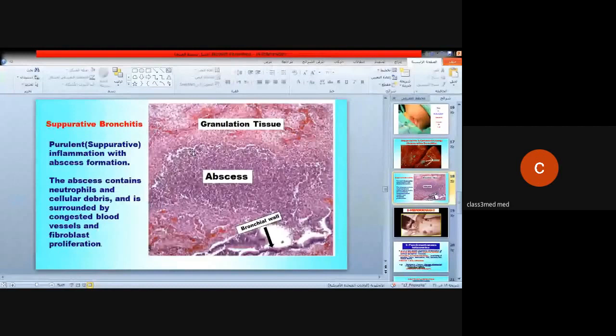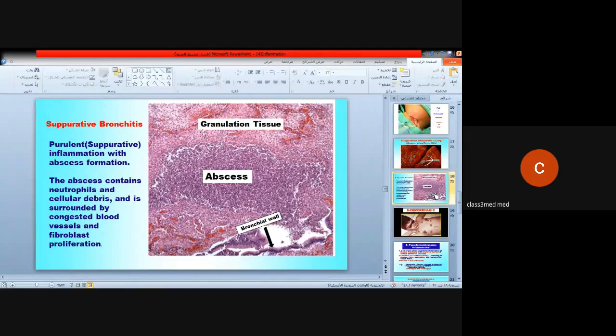And the wall of the abscess is surrounded by inflamed granulation tissue, which is called the pyogenic membrane, consisting of proliferating blood vessels. You see, this is the red area. This is proliferating blood vessels, the red area, because of RBC within the lumen of blood vessels, and fibroblast proliferation.